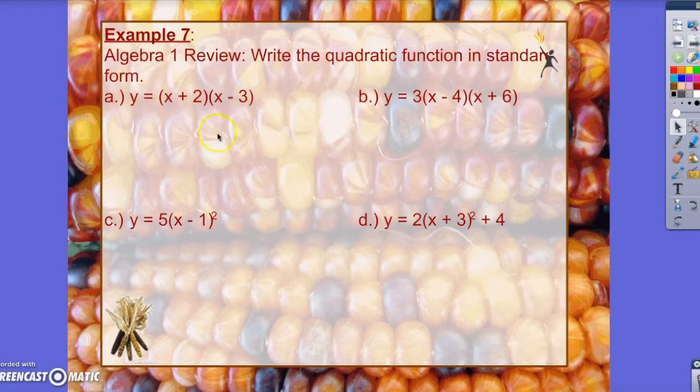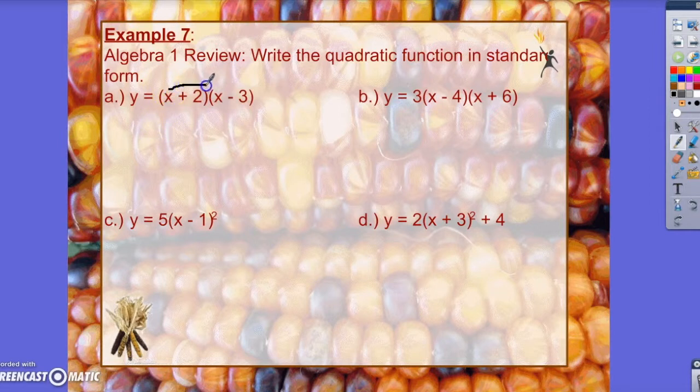Now, for the last kind of problem here, we're going to take a look at an Algebra 1 review. We talked about standard form, intercept form, vertex form. And now what if we want to multiply it out to get standard form? This is something you did in Algebra 1 called FOIL. So example 7, Algebra 1 review, write the quadratic function in standard form. If we look at our first one, we're going to use FOIL. You have your first, outer, inner, last, binomial to binomial here.